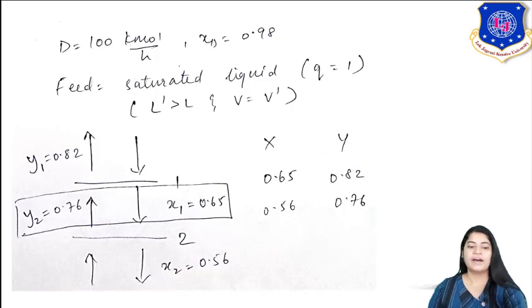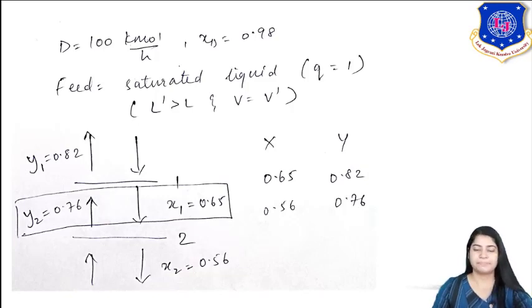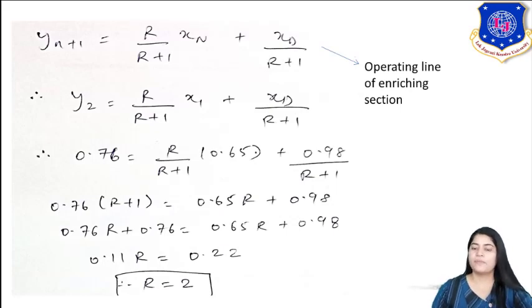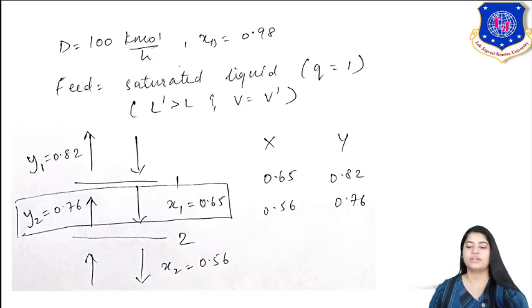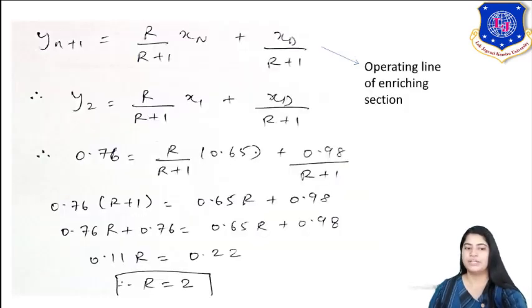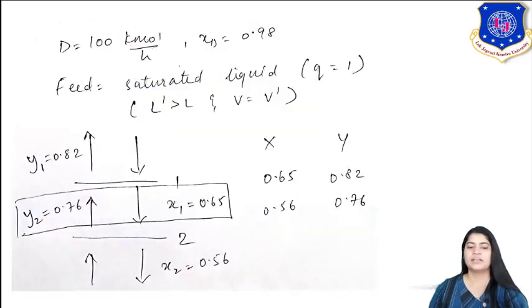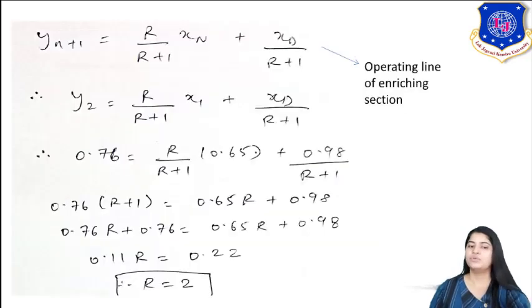So, Y2 and X1 are your operating compositions. This is the operating line of your enriching section, right? Yn plus 1 is equal to R upon R plus 1 into Xn plus Xd upon R plus 1. Hence what I am doing, Y2 is equal to X1 into R upon R plus 1 plus Xd upon R plus 1.